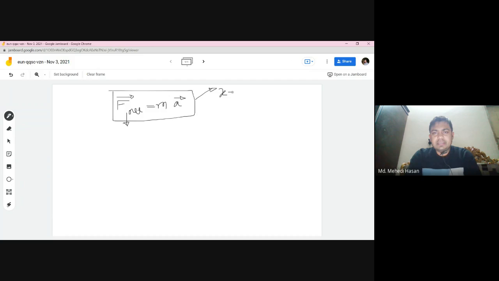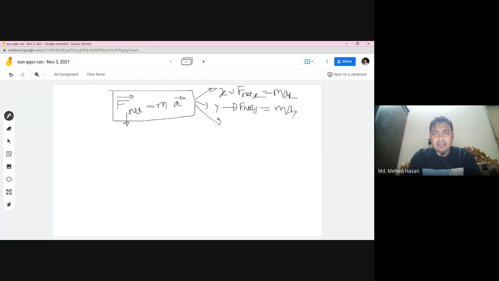That means along the x-axis, the net force along the x-axis equals m a_x. Then along the y-axis, the net force along the y-axis equals m a_y.